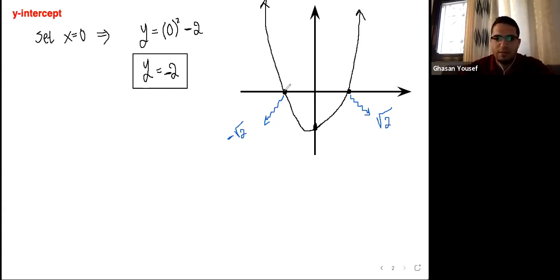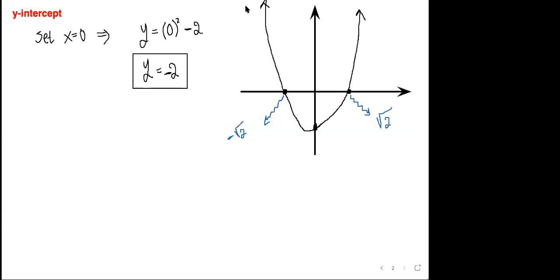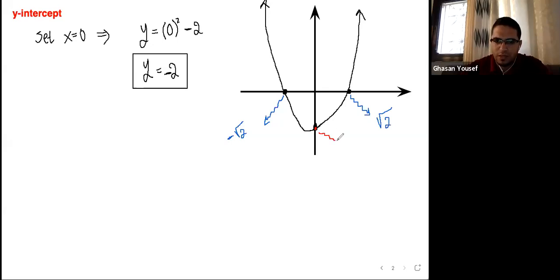The first point is minus square root of 2, and the second point is the square root of 2. Whereas the graph intersects the y-axis at only one point, y equals minus 2. So this point here is y equals minus 2. The graph intersects the y-axis at minus 2.